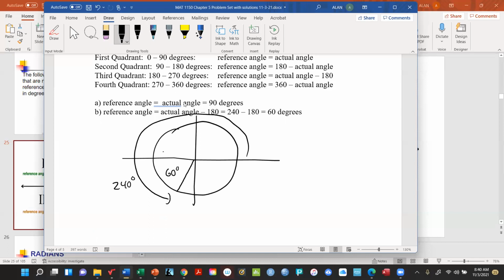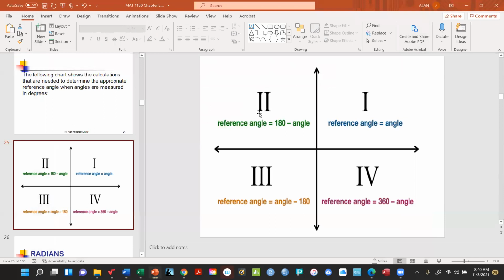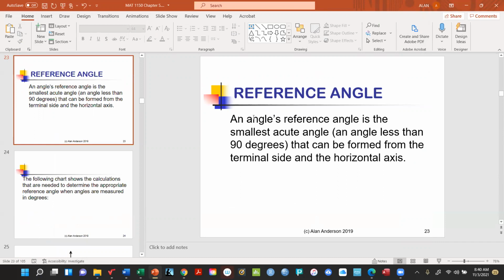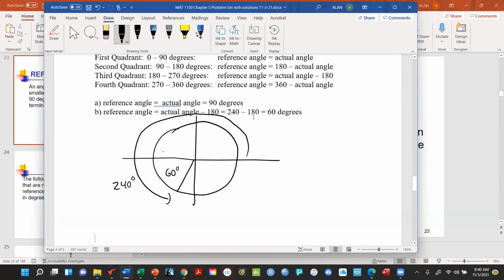So basically, the reference angle is telling us how close we are to the nearest axis. That's really what it's doing. Or you can think of it as the angle that could be formed from the terminal side and the horizontal axis. So I hope that by writing it this way, and then up here would be 180, they add up to 240, but the reference angle is the angle with respect to the horizontal axis. How much further did I have to go to move into the third quadrant here? That's what we're trying to capture.